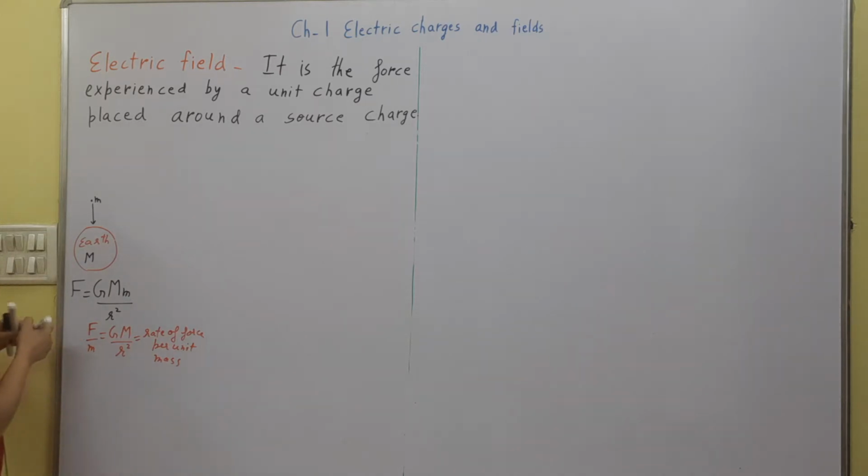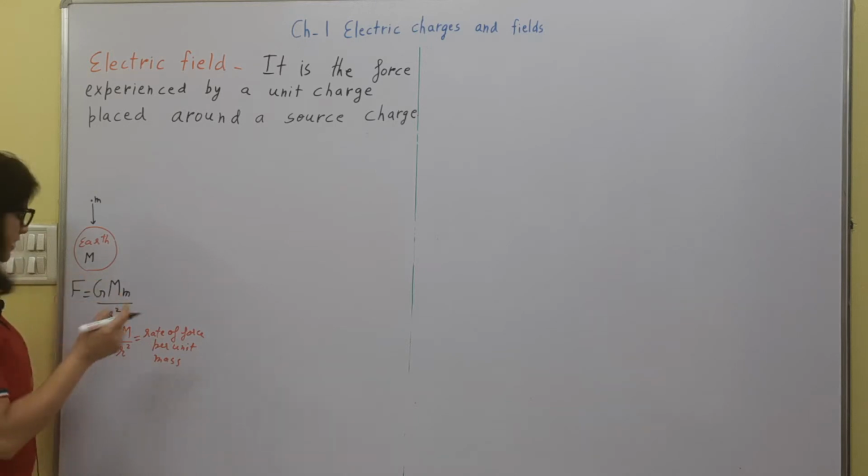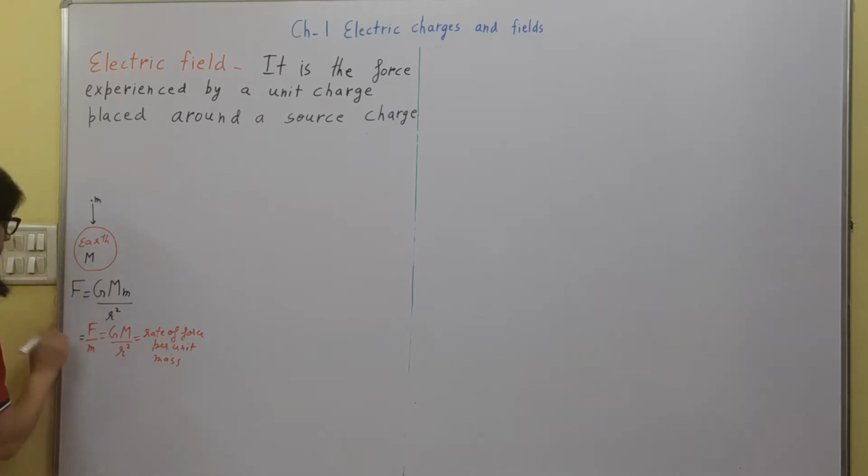So, if I know this, I can find the force on any mass, and this we actually know is the intensity of gravitational field. If you remember, this is the intensity of gravitational field, which is actually small g.